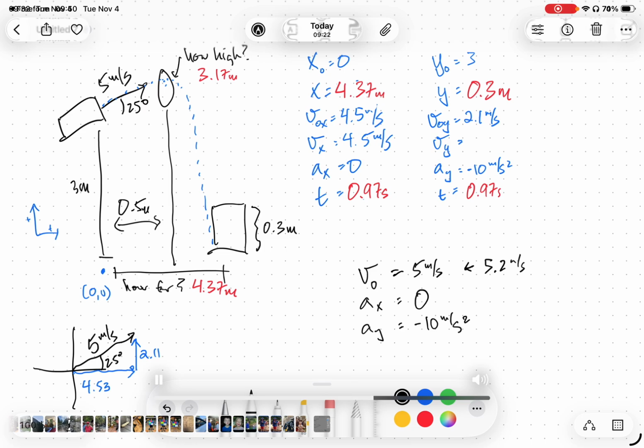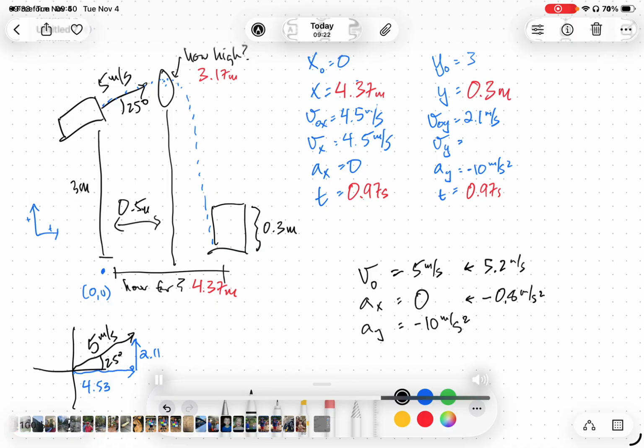And what we're going to do for that is maybe assume a slightly higher speed. That'll get it higher up in the hoop, but we'll give it a little bit of horizontal acceleration to cause it to slow down, which also kind of makes sense because there's air resistance.